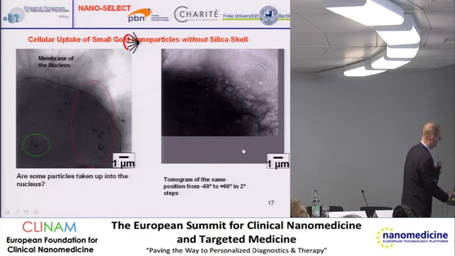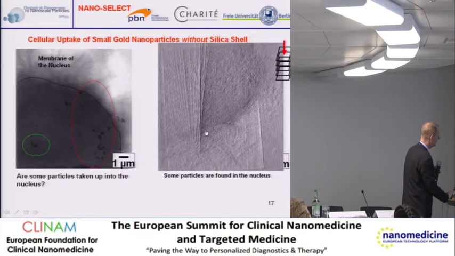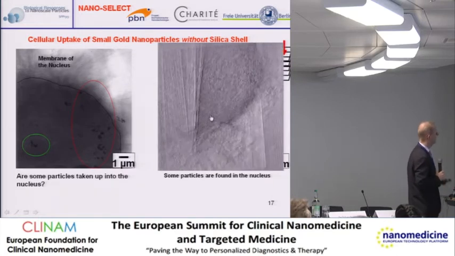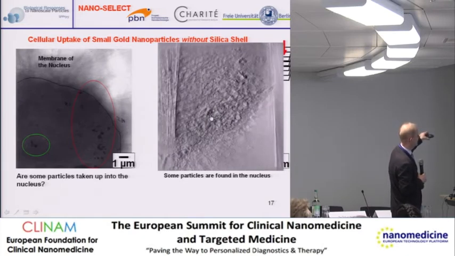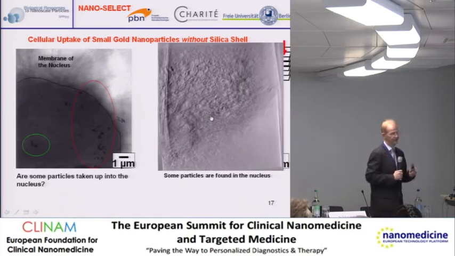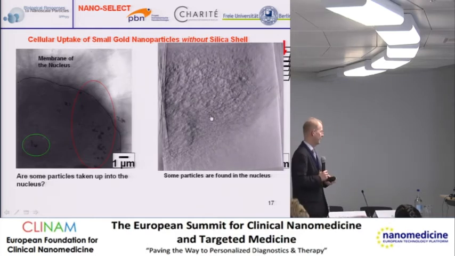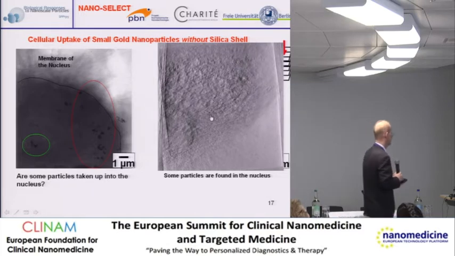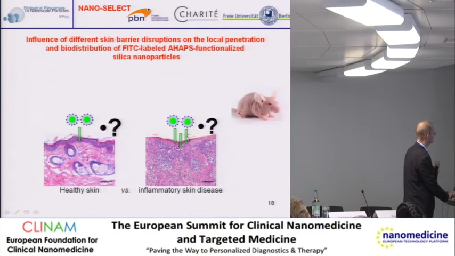And this can be shown here. Here we go. You will see here, this is the evidence that some particles are evidently within the nucleus and the others remain outside. So this gives us insights into three-dimensional information of nanoparticles.